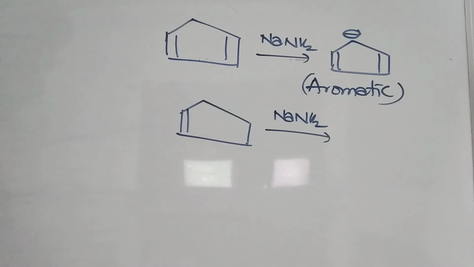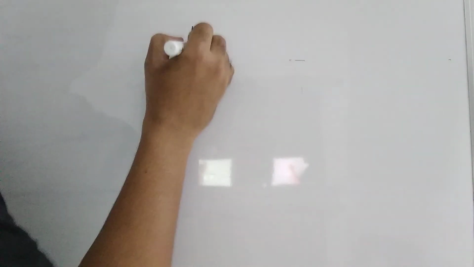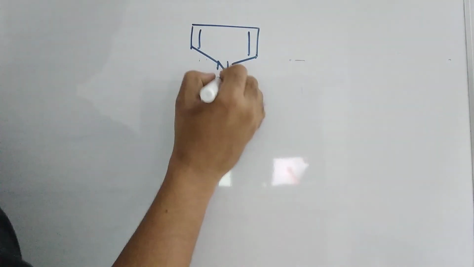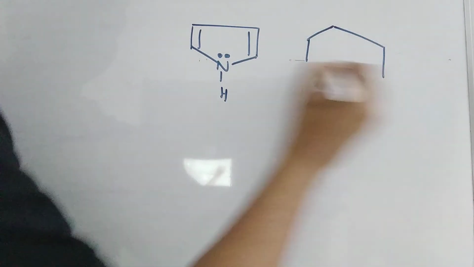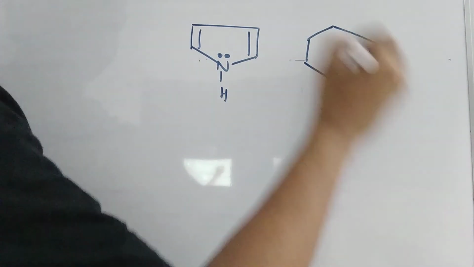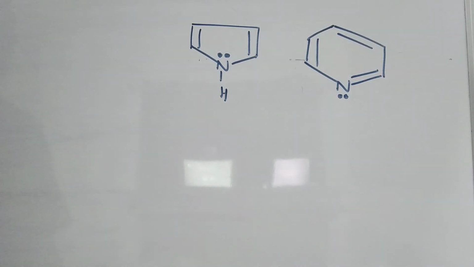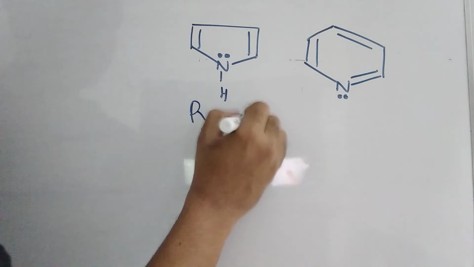Pyrrole is a weaker base than pyridine. Pyrrole is this one. Pyridine is this one. Both have a pair of electrons, pyrrole and pyridine.